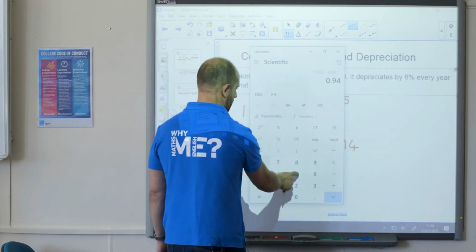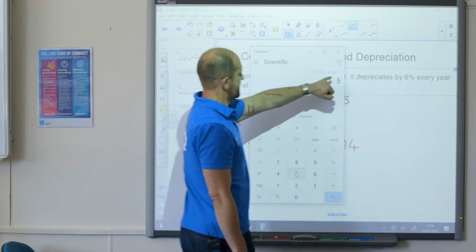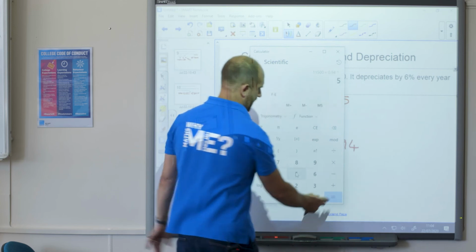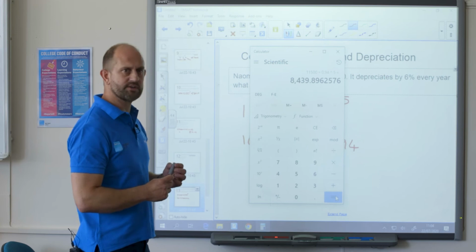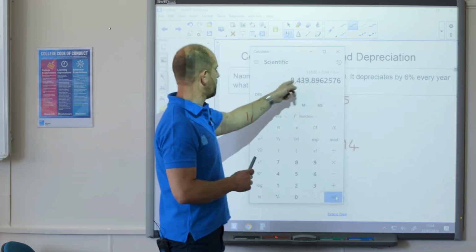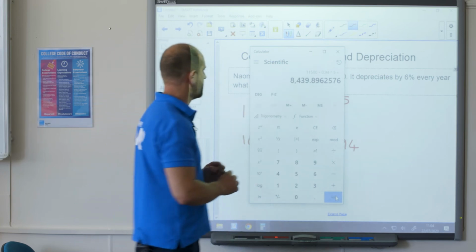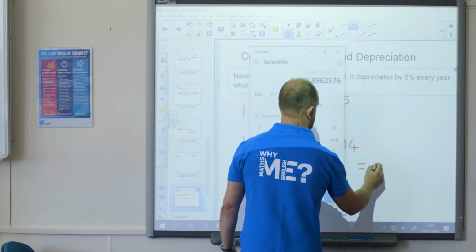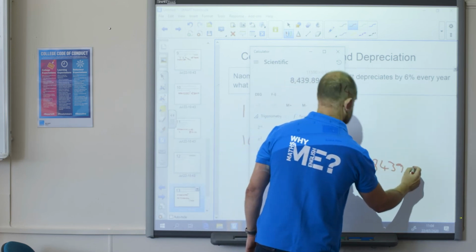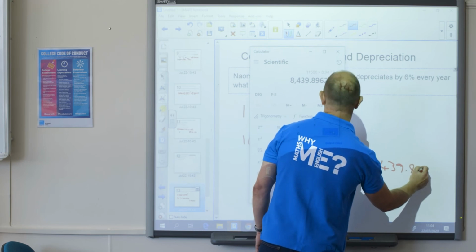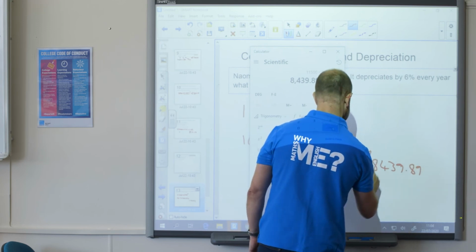And she's kept it for 5 years. There's my little arrow and there's the 5. So after 5 years, her £11,500 investment will be worth £8,439 and 89 or 90 pence.